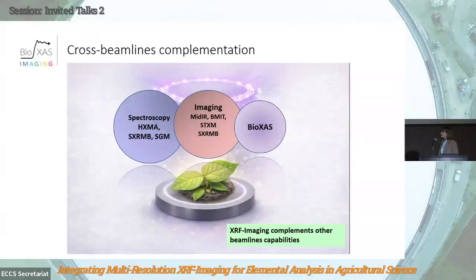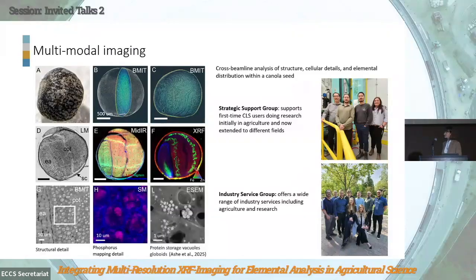So the bioXAS sector really works complementary with other beamlines at the Canadian Light Source facility. I would like to showcase a study carried out across beamlines to analyze the structure, cellular details, and elemental distribution in canola seed.